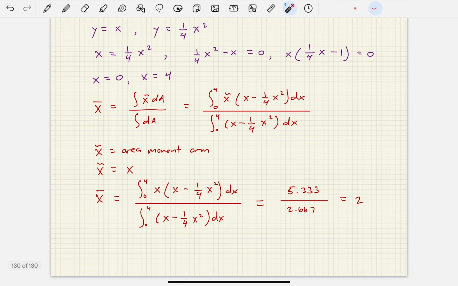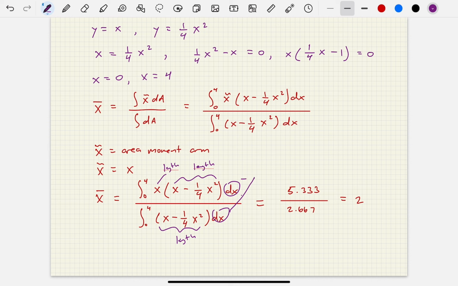So when I evaluated all of these integrals, let's make some notes so we understand. The value of x has units of length, and this function right here, x minus 1/4 x squared, is also going to be units of length, and this down here also units of length. And then the dx terms carry implicit units of length.